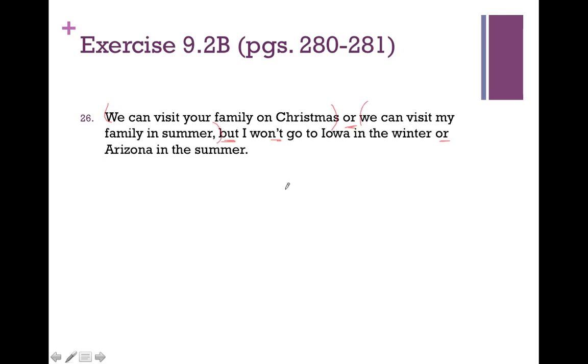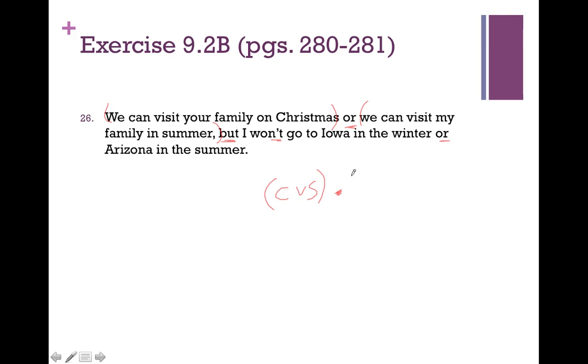So we can represent that first proposition. Let's just say Christmas or summer. And we say but, which we write as and. Now, as soon as we do that, it seems like Christmas and summer, these are going together. But I won't go to Iowa in the winter or Arizona in the summer.